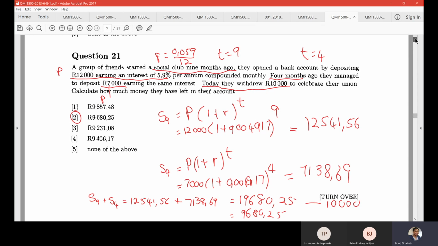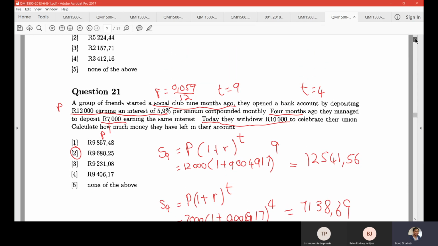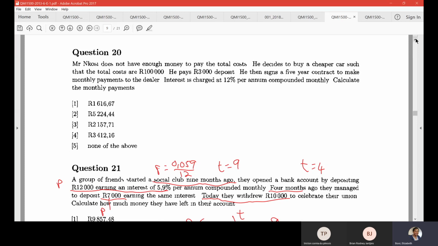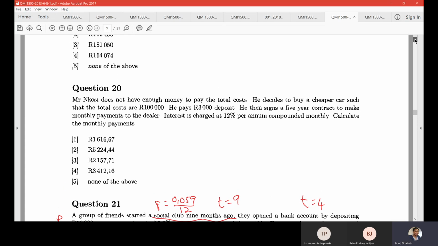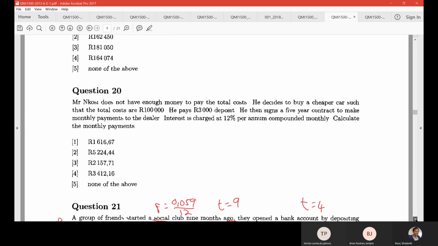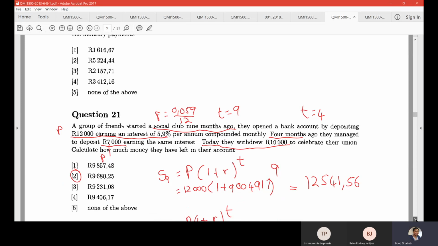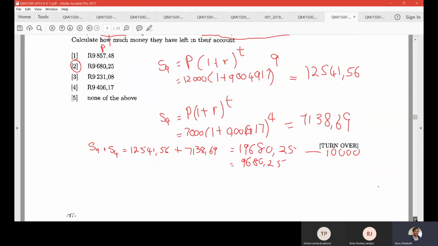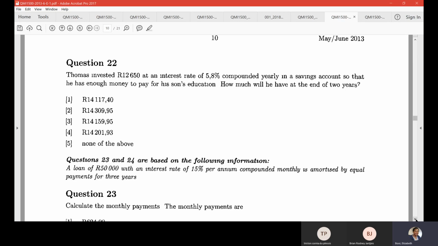Let me see if the top one was not time value as well. We'll go see pay money, 5 years contract dealer. This is annuities. Okay. That was amortization at the top. And 22. Let's see if it's not also pay savings account, money, deposit.